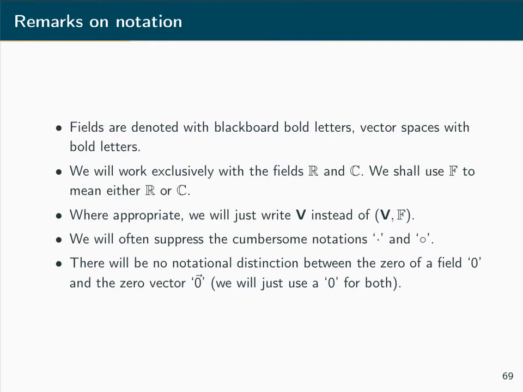There will also be no notational distinction between the zero of a field and the zero vector of the vector space. So we will basically omit this arrow for the zero vector and just use a zero for both.